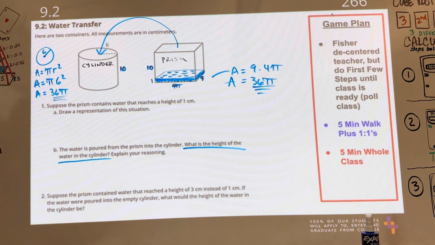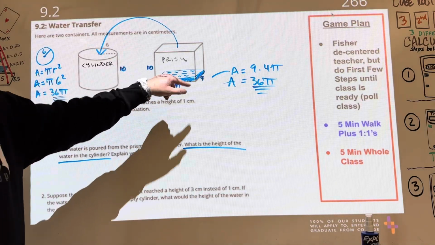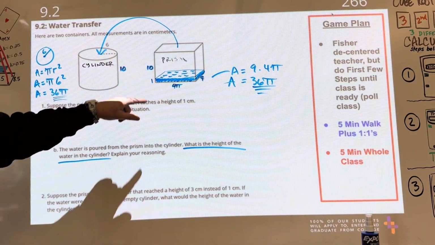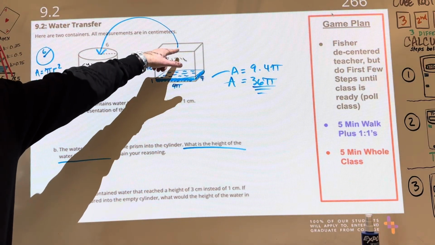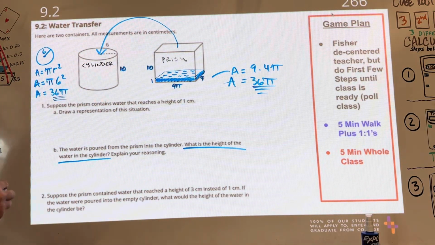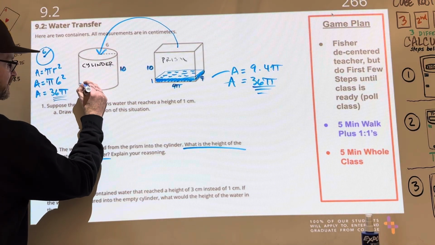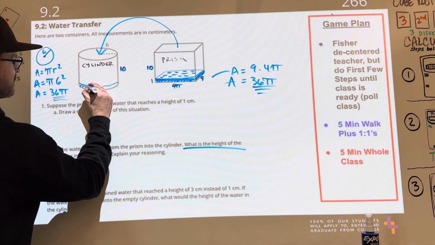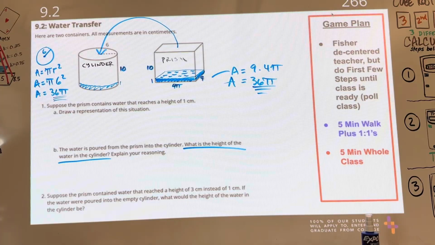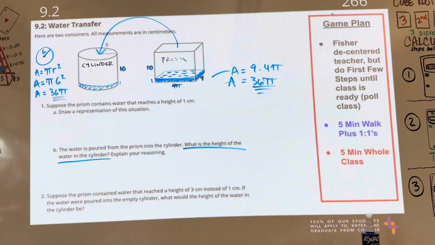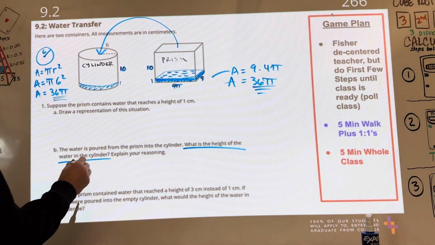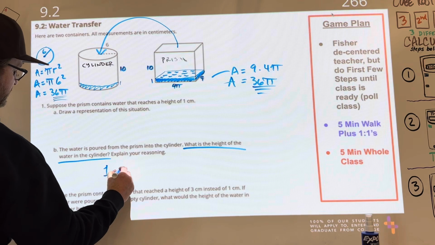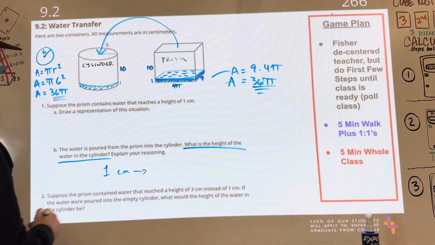So if the areas of the bases are the same and the height's the same, and we pour this water into here, well, this water is going to be right here, and it's also going to be at a height of 1. So what is the height of the water in the cylinder? It's 1 centimeter. Why?